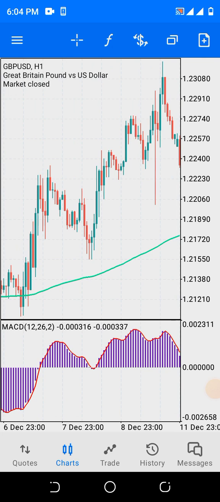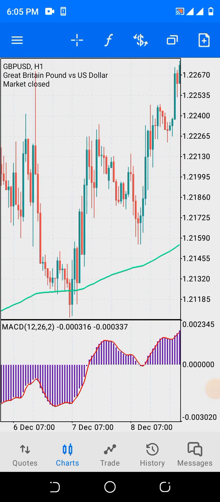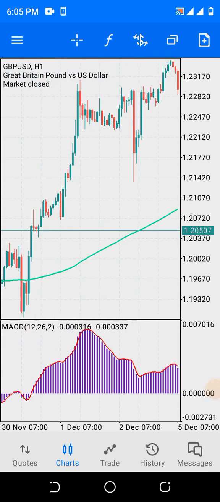So the question now is, where do we need to make our entry so that we will make massive profits? That is the essence of this particular strategy, to show you where to key in the direction of a trending market. So let's start.